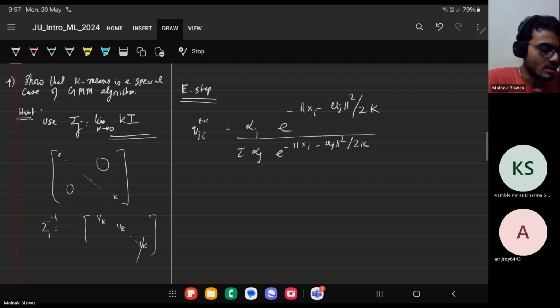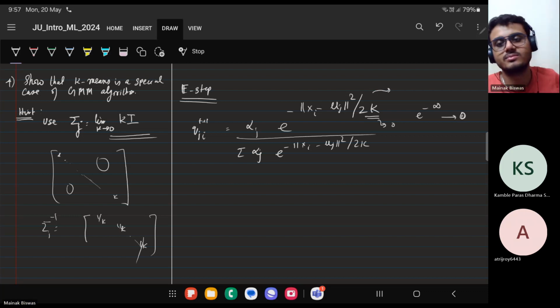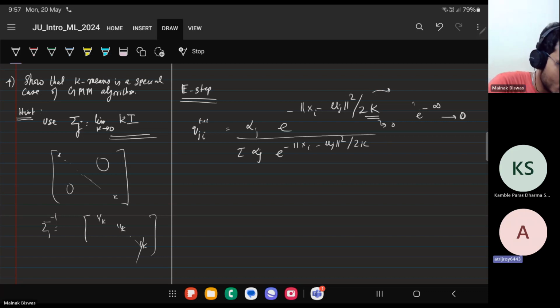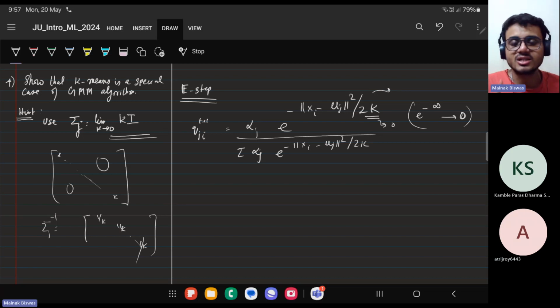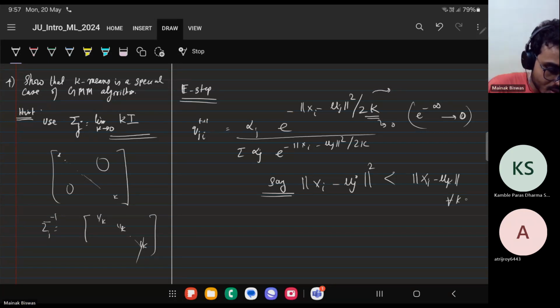Now all these terms are close to 0, since it is e to the power of minus infinity. So I have to select the largest term. Say x i minus mu j is less than x i minus mu k for all k not equal to j.